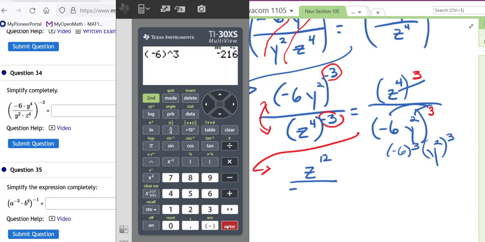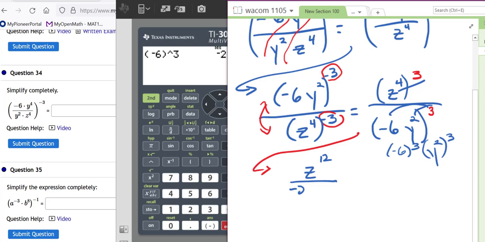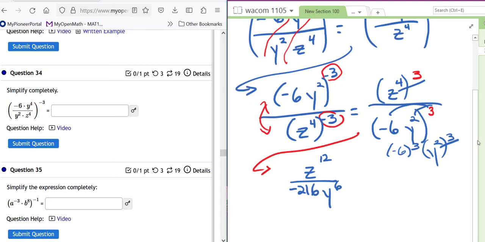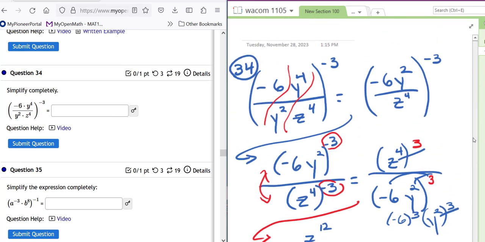Because the exponent's odd, you're going to get negative 216. And for your variable, keep the base and multiply. And then that one should be done. You could have gone different steps. If you had chosen, you could have applied that negative 3 to each one to begin with. That would have been okay.